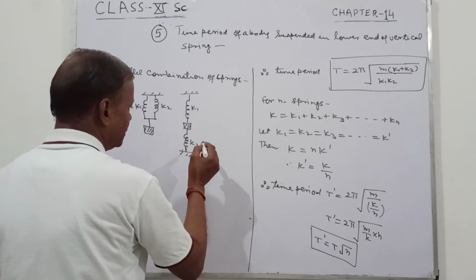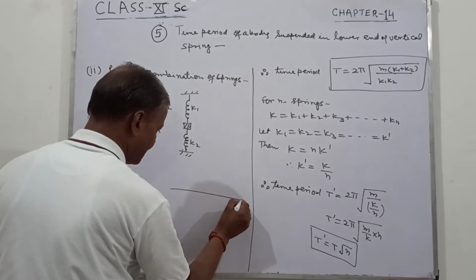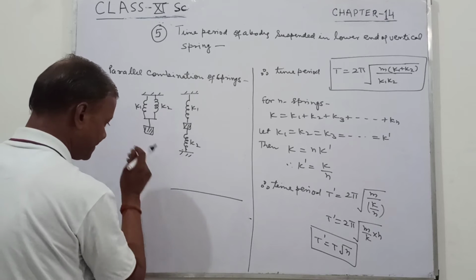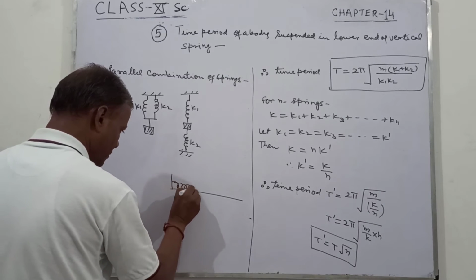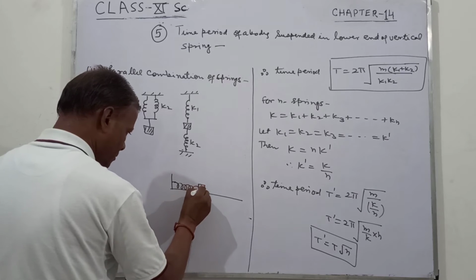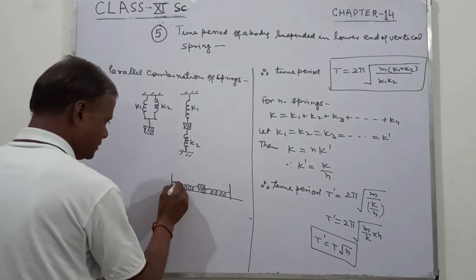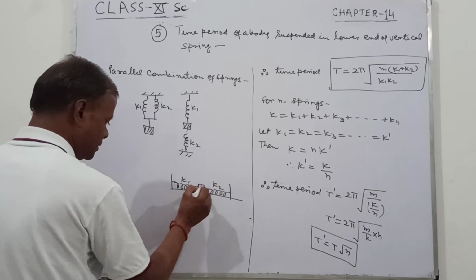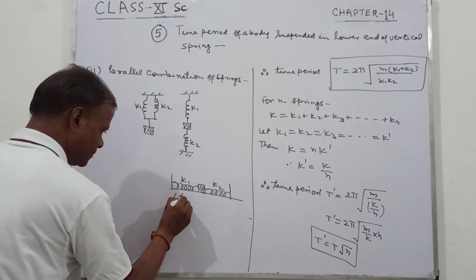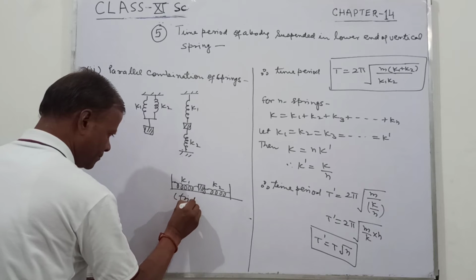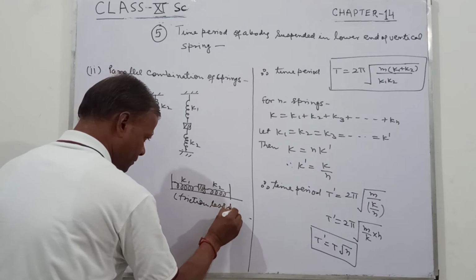Also, if we have it on a horizontal surface, this is the frictionless surface.